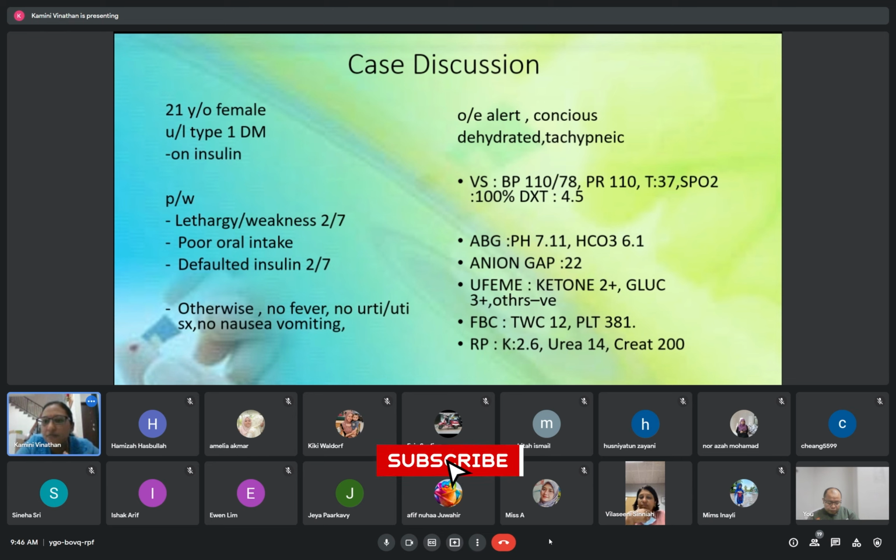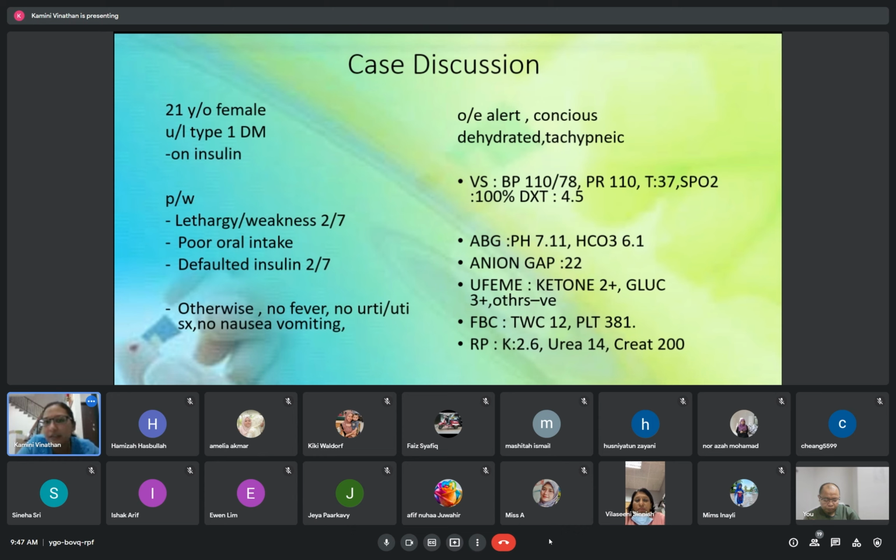Vital signs: BP 110/78, pulse rate 110, temperature 37, SpO2 100, DXT 4.5. ABG: pH 7.1, bicarb 6.1, anion gap 22. Urine FEME: ketones 2+, glucose 3+. Blood investigations: total white cell and platelet normal, potassium 2.6, urea 14 and creatinine 200.